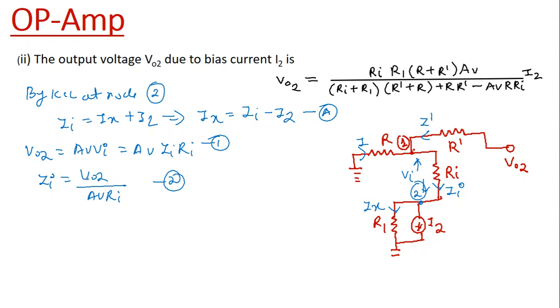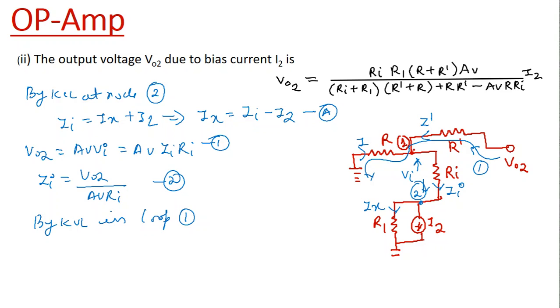Now we apply KVL in loop 1. The KVL will start again from VO2, through R dash and R to ground. This is the KVL direction.